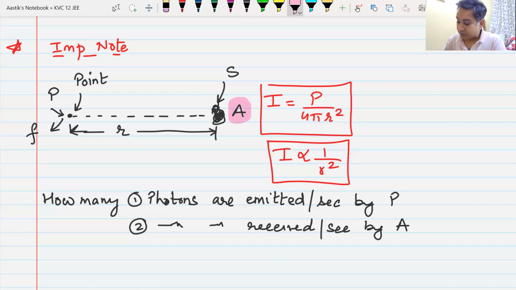Remember, what things are known? P, the power, is known. f, the frequency, is known. R, the distance, is known. And S, the area of this thing, is known. From this, you have to calculate what is being asked. I'll give you 2 minutes to solve this.